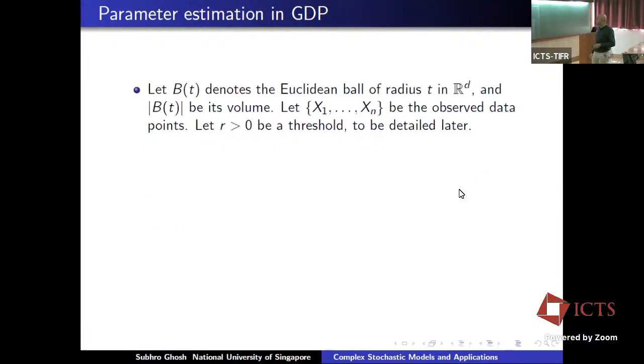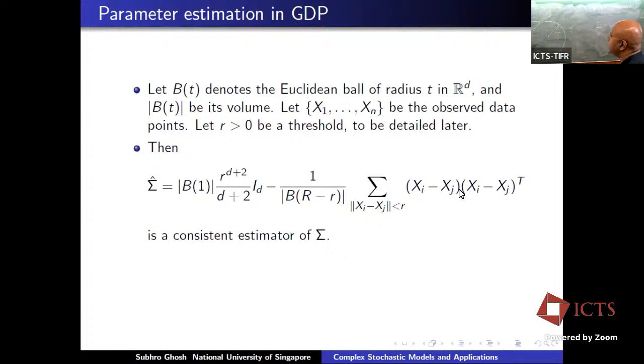Now, if you see a bunch of random points within our observation window, which is a ball of radius r, we want to understand whether there is some dependency between these points, and whether this dependency is isotropic versus whether there is a directional bias in the dependency structure of the points.